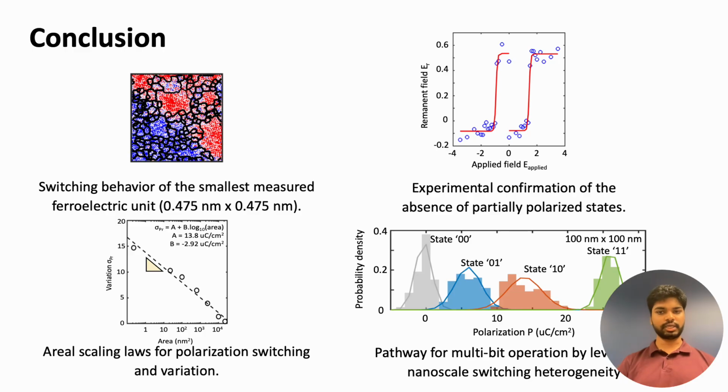We have extracted switching kinetics and variation. We have also shown that multibit operation arises from ensemble domain switching. Together, these insights will hopefully provide an experimental framework for designing scaled, dense, and reliable ferroelectric memory.